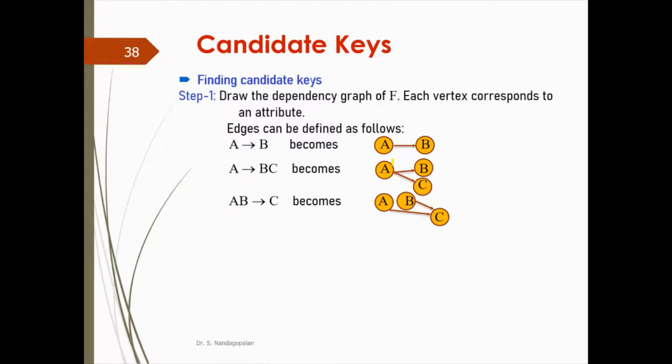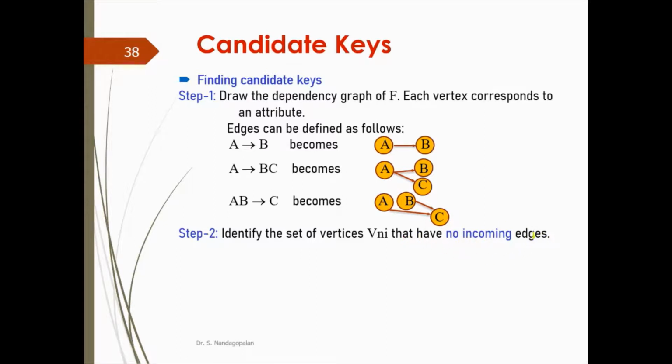Okay, now let's go for step 2. Once you finish drawing the dependency graph, it shows the dependencies among all these attributes as per the FDs given. Now step 2 will identify the VNI group of attributes, which means that you need to identify the vertices which have no incoming edges.